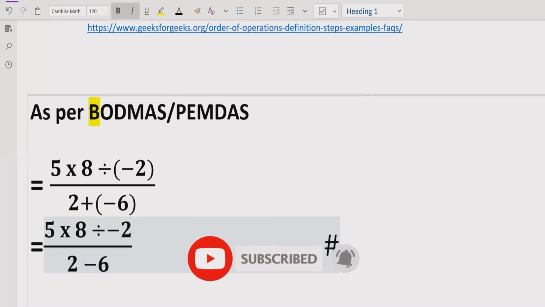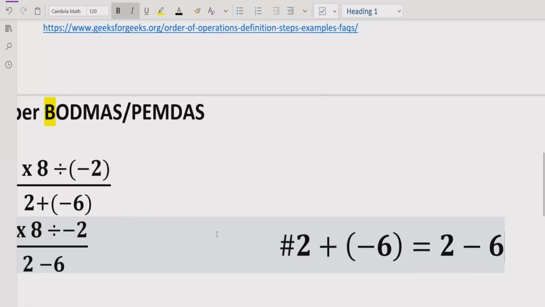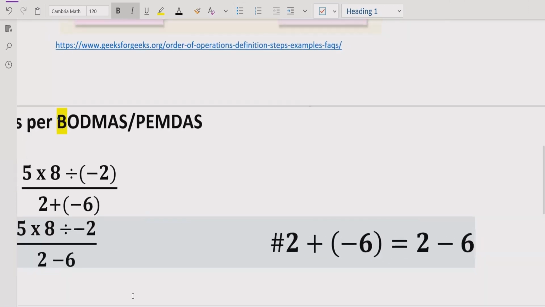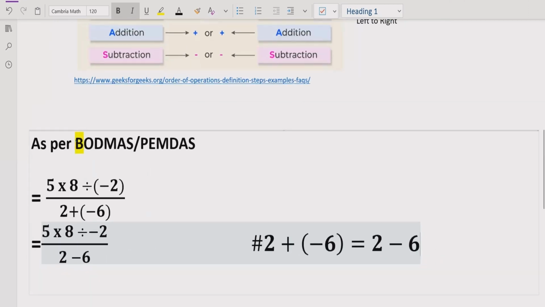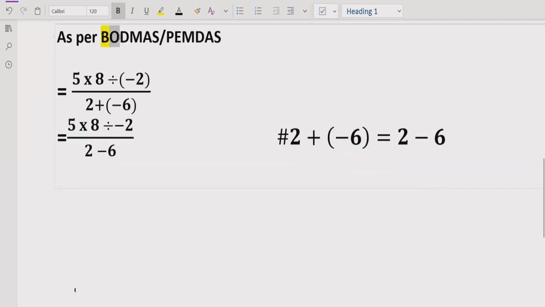2 plus -6 equals 2 minus 6, right? Now we will move forward and see the order of operations. The expression does not contain any exponent or any number which has a power.